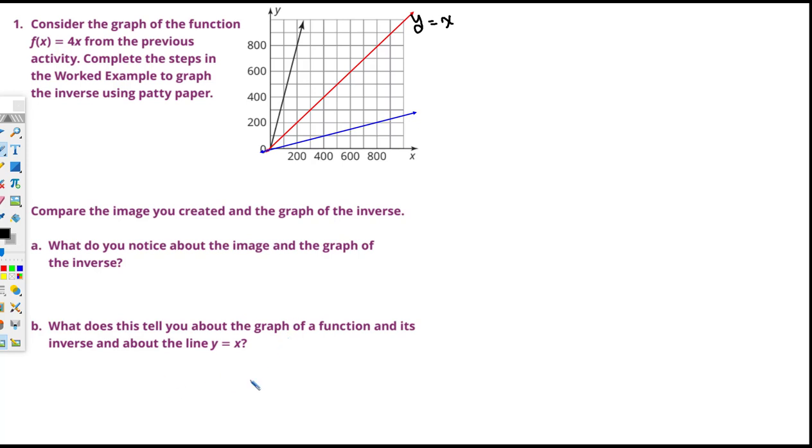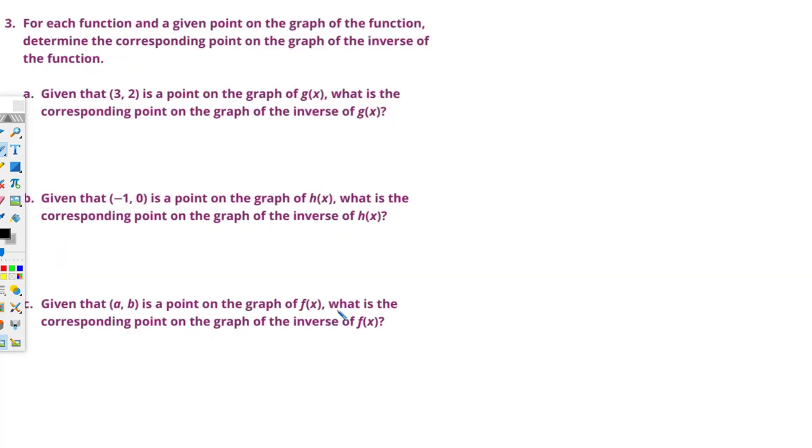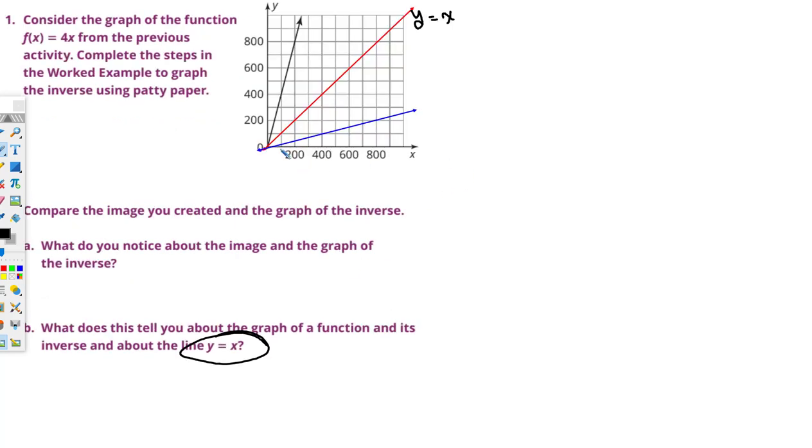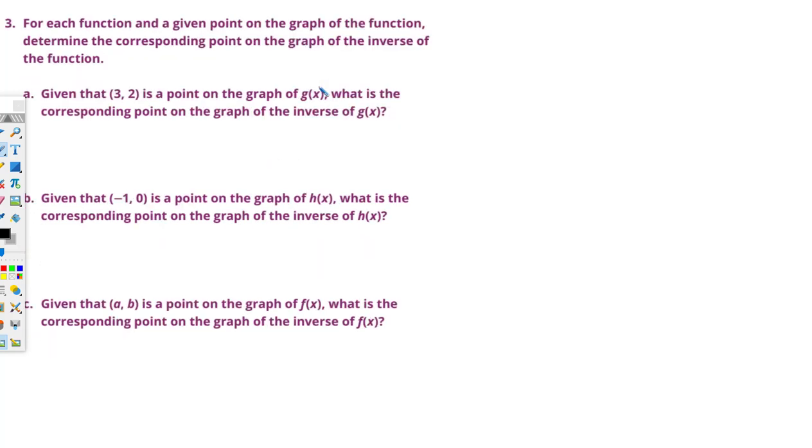Anytime you have a function and an inverse, they are always going to be reflected over that line y equals x. So if I gave you the point (3, 2) on the original graph, let's say 3 over, 2 up, on the new one it would become (2, 3).